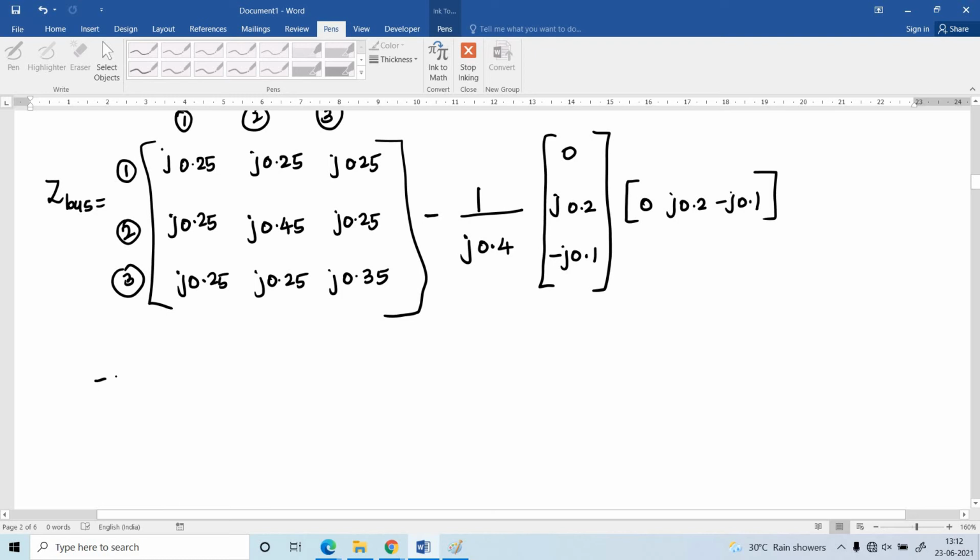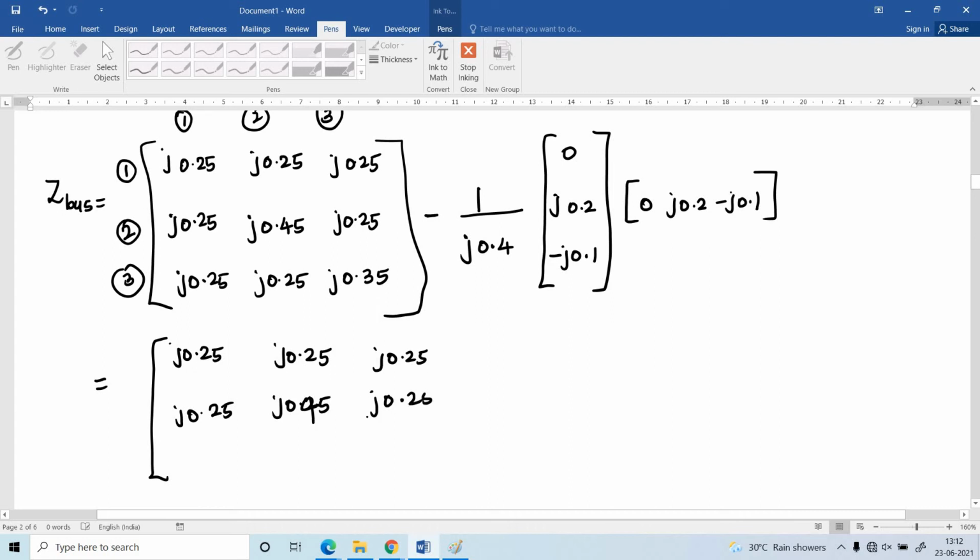The next step, I am going to multiply these two matrices, then I have to subtract this from the first matrix. So j 0.25, j 0.25, j 0.25, j 0.25, j 0.45, j 0.25, j 0.25, j 0.25, j 0.35. Then minus, multiply this and divide it with j 0.4.